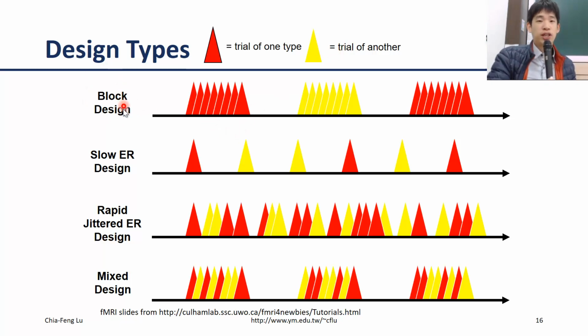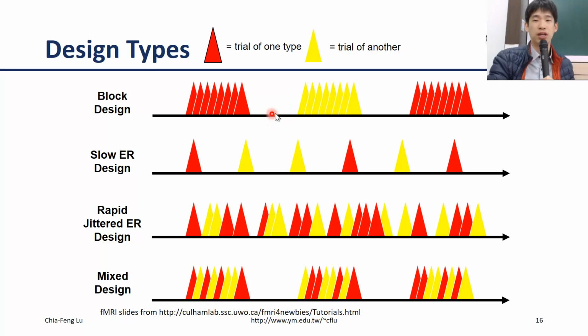So as you can see here, in the block design, I will intensively ask the subject to do the hand grasping in a continuous period. For example, within these 10 seconds, the subjects are asked to do maybe 8 hand graspings continuously. And for the following 8 seconds, the subjects are asked to be fully relaxed.